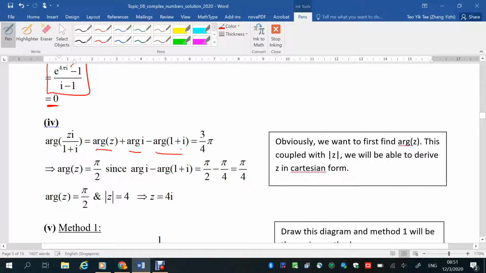From here I can find that arg of i is π/2. Arg of 1 + i is π/4. So this equation is simplified into arg z + π/2 - π/4 = 3π/4. Readjusting everything, you're left with arg z equal to π/2.